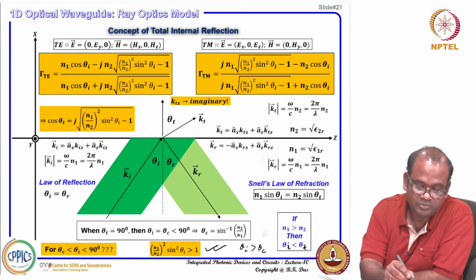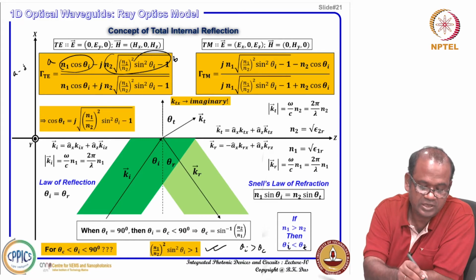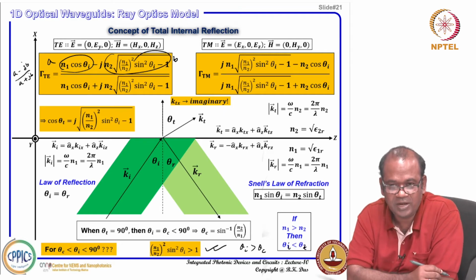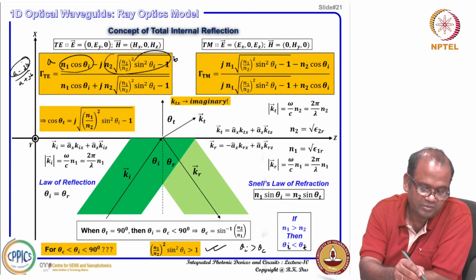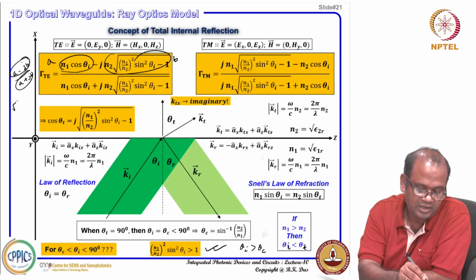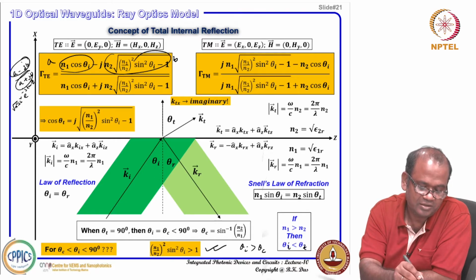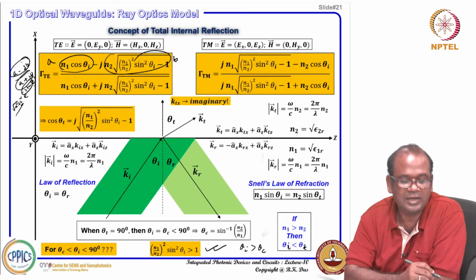So, I have something A and you can consider jB. That means you will be getting A minus jB by A plus jB. So, numerator and denominator are just a complex value and its complex conjugate. In phasor form, I can write square root of A square plus B square e to the power minus j tan inverse B by A, some angle, and the denominator has the same value with the angle plus.